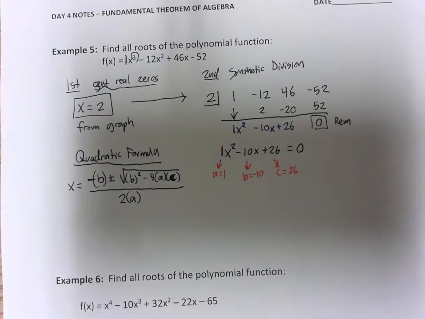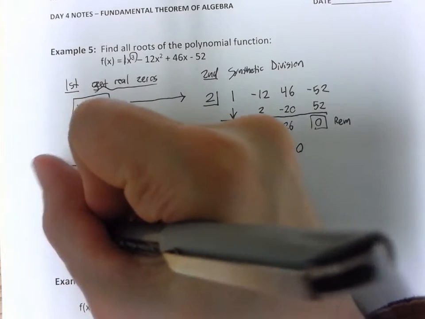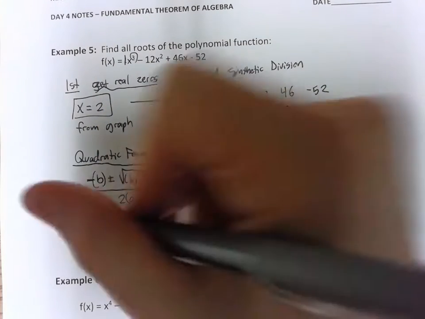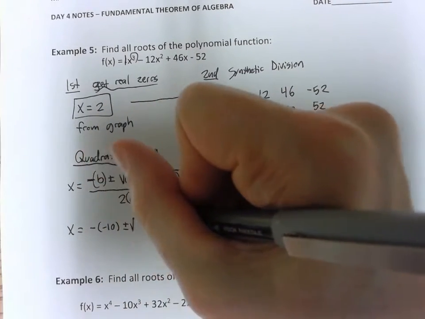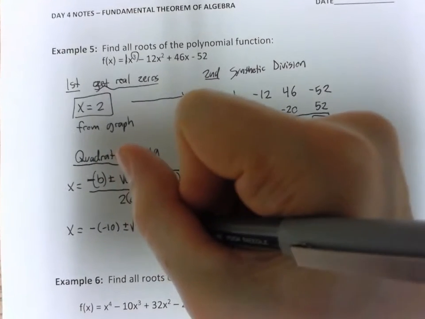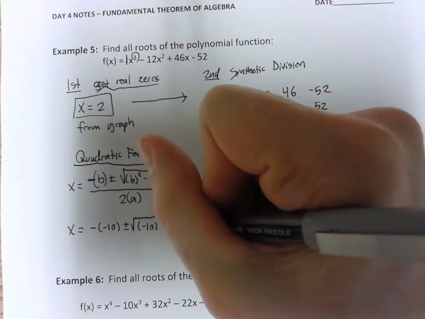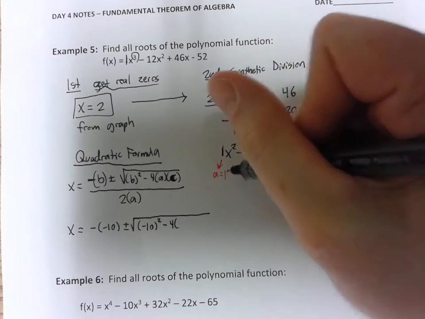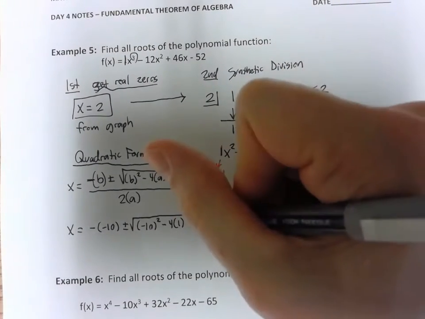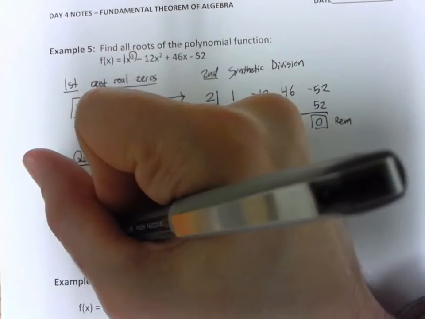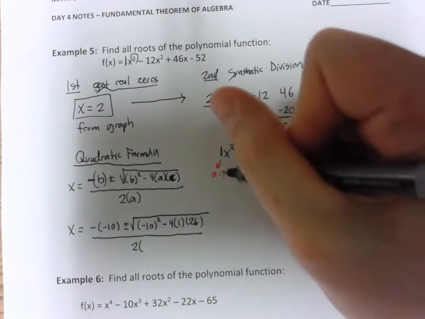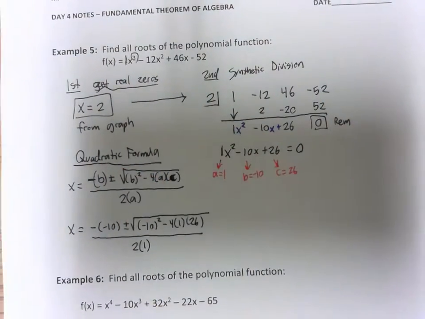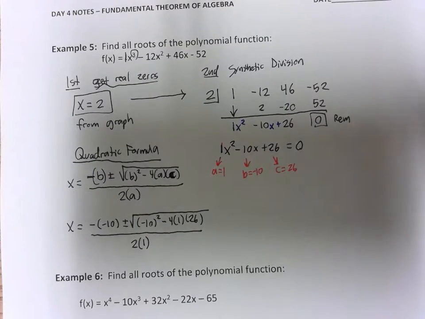Hopefully you remember this from math 2. So x equals the opposite of negative 10 plus or minus the square root of negative 10 squared minus 4 times 1 times 26, all divided by 2 times a, which is 1. That looks pretty complicated, but we can simplify that.